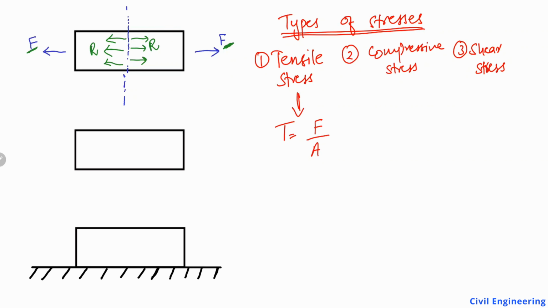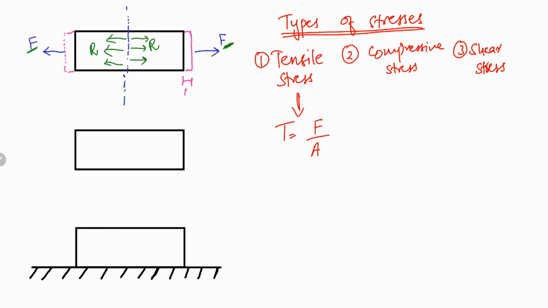So now this R is known as the internal resistance, and this is basically the tensile stresses created inside this body. So we can define that the tensile stress is the resistance to the increase in length, because if we look at this, because of the load, the body will try to extend or will increase in length. It will show some increase in length because of this applied load.